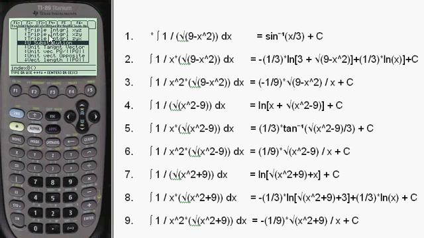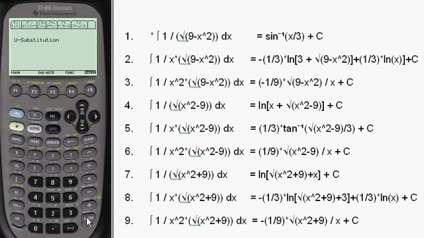We go to u-substitution in my main menu, because all this stuff is u-substitution. And we're going to enter the problem into my entry screen here. You have to press alpha first before you enter anything into these entry lines.